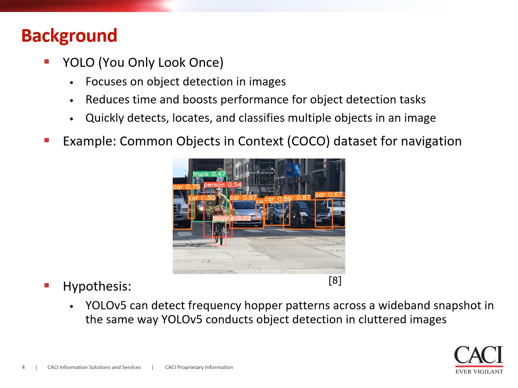For example, the Yolo algorithm is pre-trained on the Common Objects in Context, or COCO, dataset, which contains images that are in a cluttered, realistic environment given a specific context.